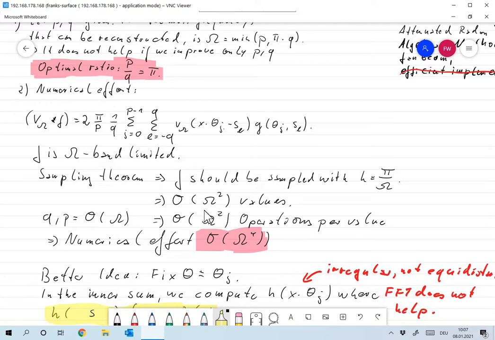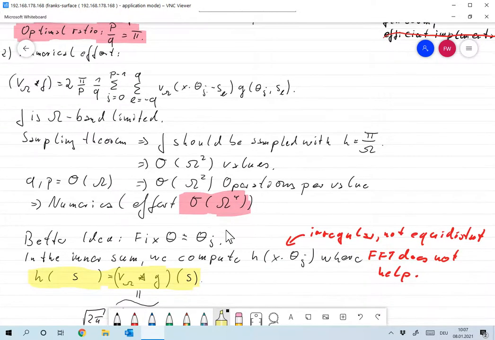We have omega squared places where we need to evaluate that, so the numerical effort is something like capital O of omega to the 4. That would definitely have been too large for the first tomographs. Probably it would be doable today, but there's a much better idea than to just evaluate the sum over here.